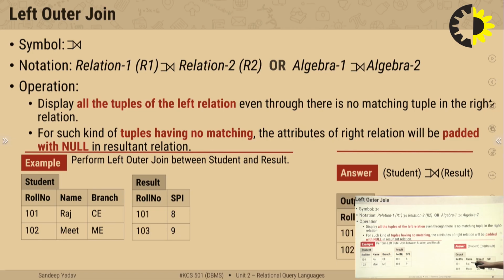So this is the output: roll number, name, branch and SPI. 101, Raj, C and SPI is 8. Now 102, Meet, ME branch. For this particular roll number, there is no corresponding entry in the result table. So the value of SPI is null here. So this is the left outer join.